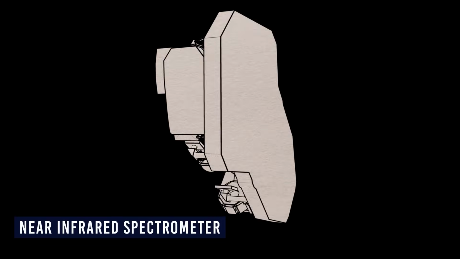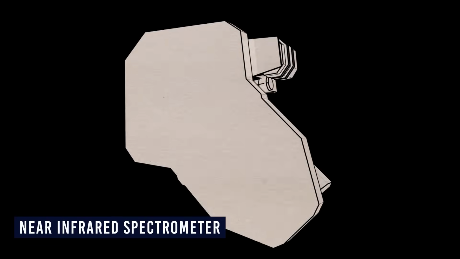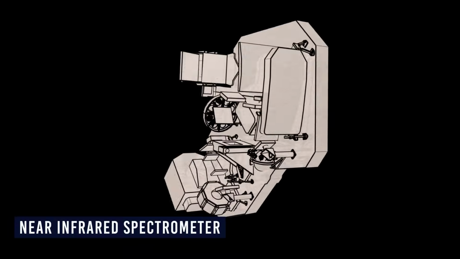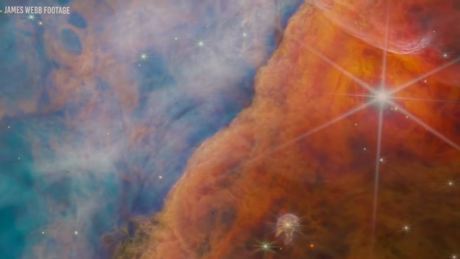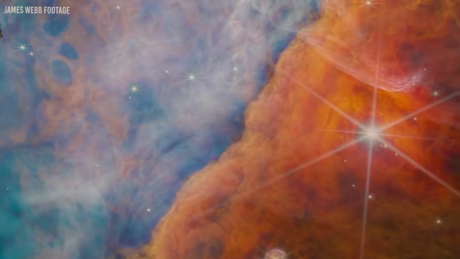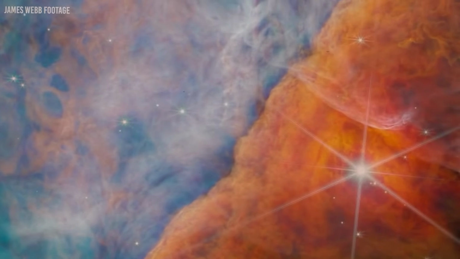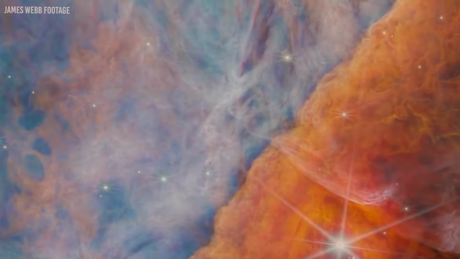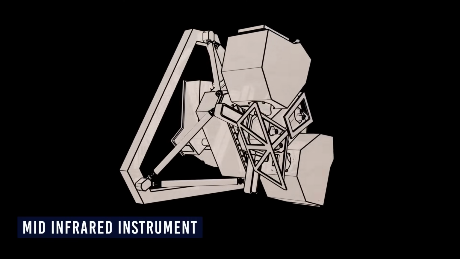2. The near-infrared spectrometer. The near-infrared spectrometer is a spectrograph that will be used to study the spectra of objects in the near-infrared spectrum. This will allow astronomers to measure the chemical composition of objects and to study their motions. 3. The mid-infrared instrument.